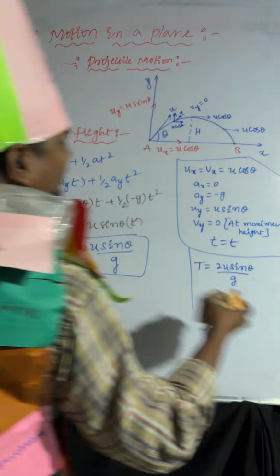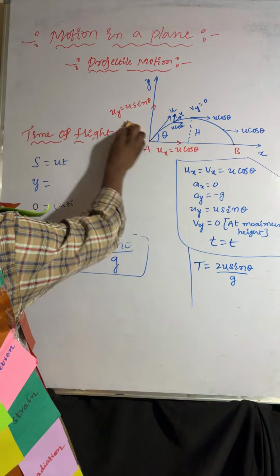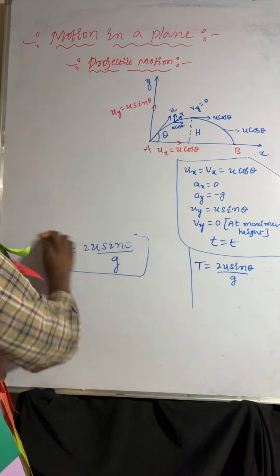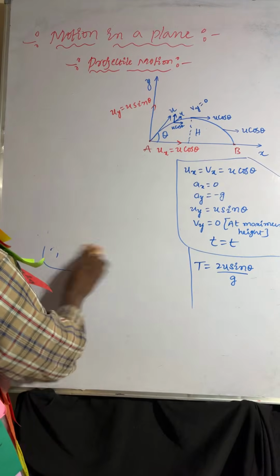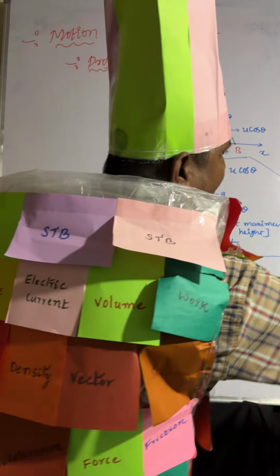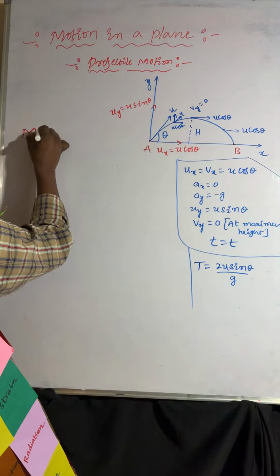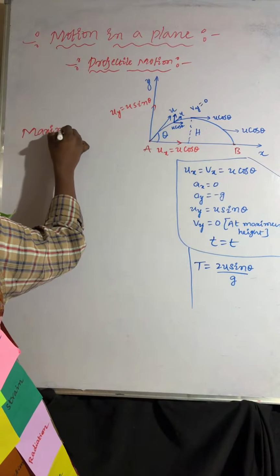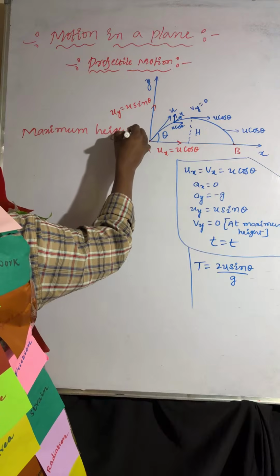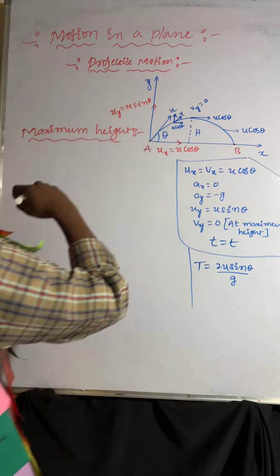Then maximum height. Now you have to think about maximum height. The particle reaches here, and this is the maximum height.